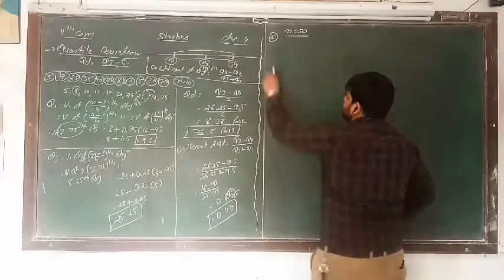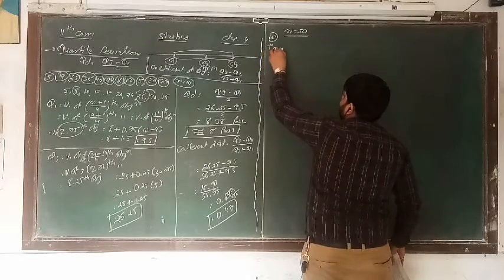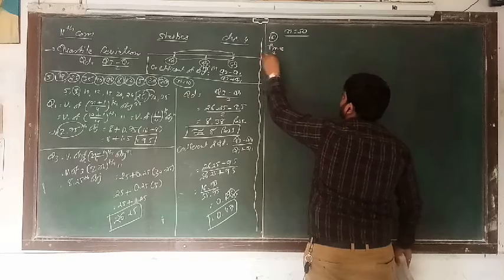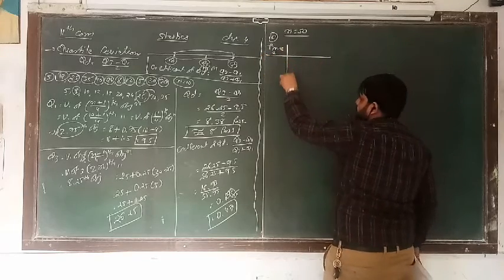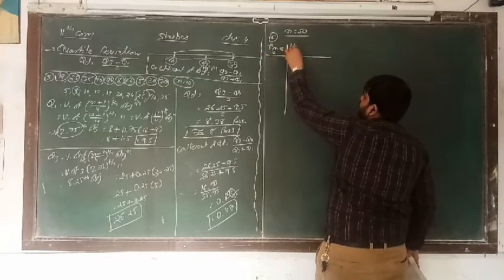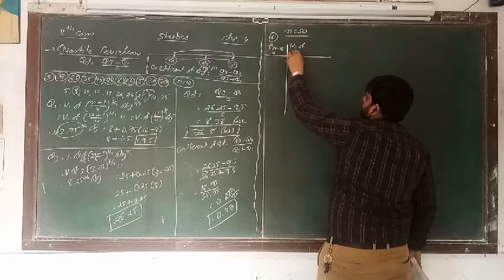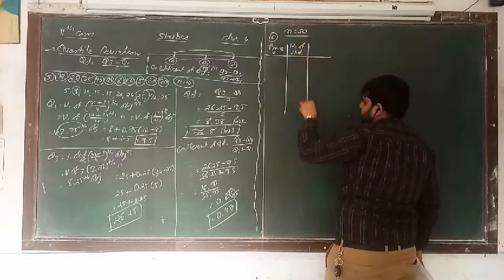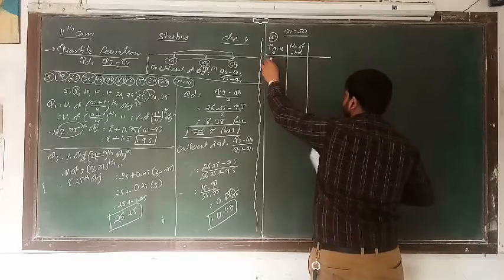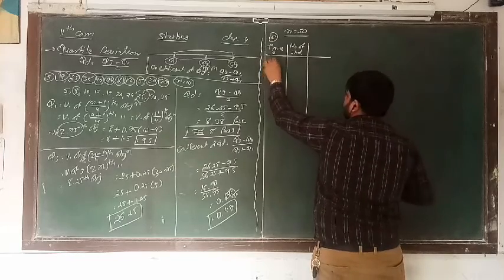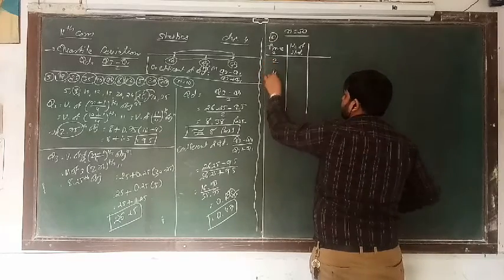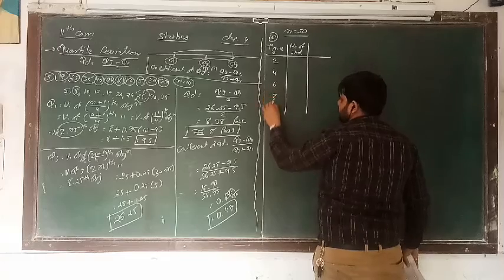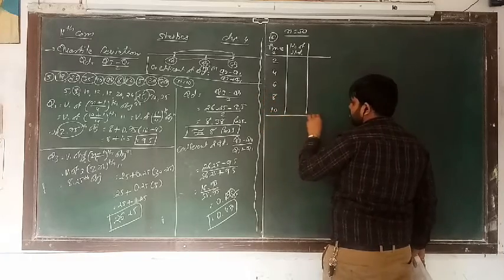So here time is there. First of all, time that we have denoted as x, and the number of students. So the second column: time taken, that is 2 minutes, 4, 6, 8 and 10.